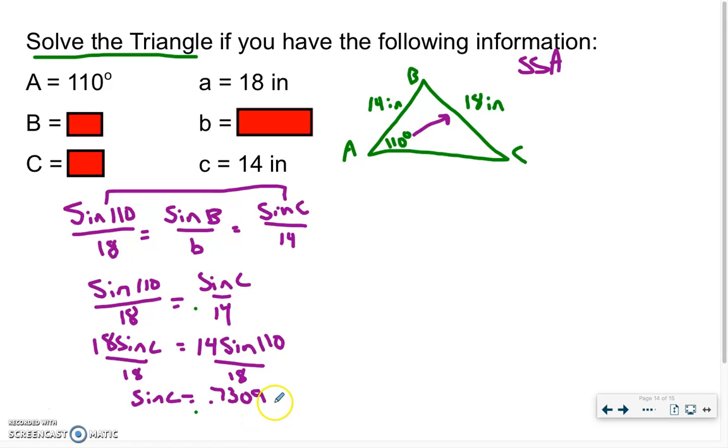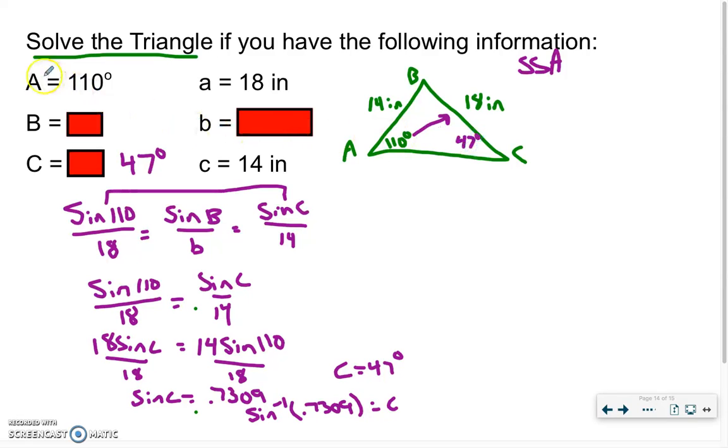And to find an angle, like we did on the last page, we're going to go sine inverse of 0.7309. That's going to give me my angle C. So second sine, 0.7309, and we get an angle measure of 47 degrees. So C is 47 degrees. I'm going to put that in my picture up here.